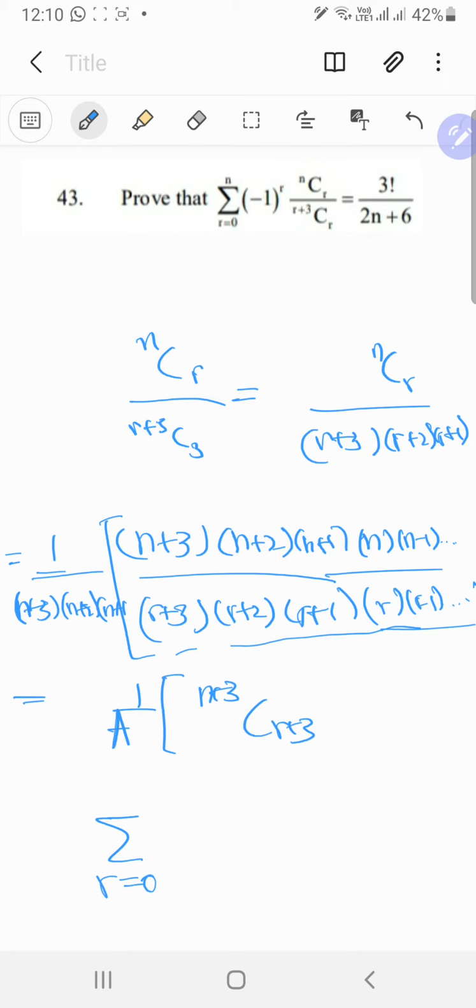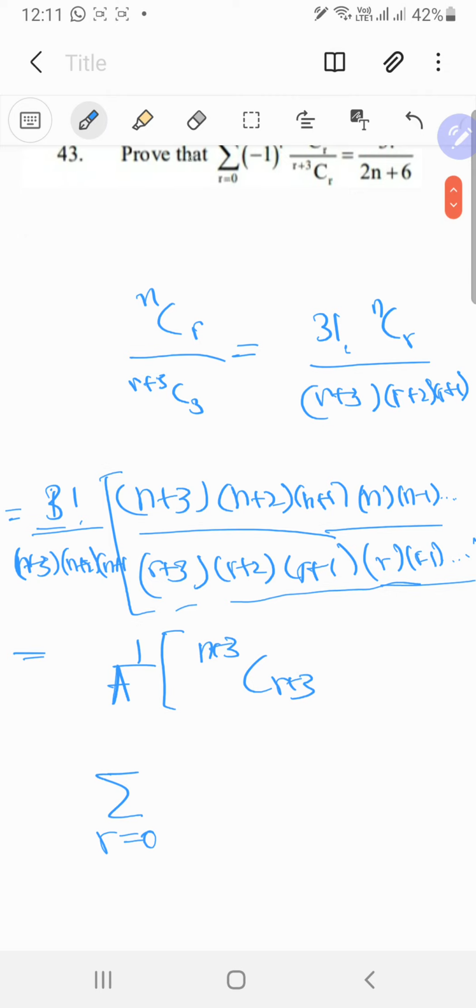Oh yeah, sorry for that. It's supposed to be upon 3 factorial for sure. So just multiply this thing by 3 factorial. Okay, that's nice. Multiply this thing by 3 factorial over there as well. So still I'm just going to call this big constant a: 3 factorial upon n+3, n+2, n+1. I'm going to call that a, and I can write it in a better way, but whatever.